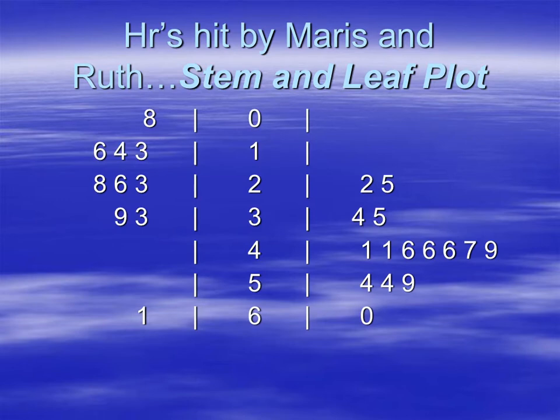In the next slide here, I'm talking about home runs hit by Maris and Ruth, famous New York Yankees. And I'm showing this in what's called a stem, and these middle numbers are called the stems, and then the leaves. These would be your stem and your leaves. So as far as Maris on the left-hand side, this represents that in one season, he would have had 8 home runs, because the 0 is the 10 spot.